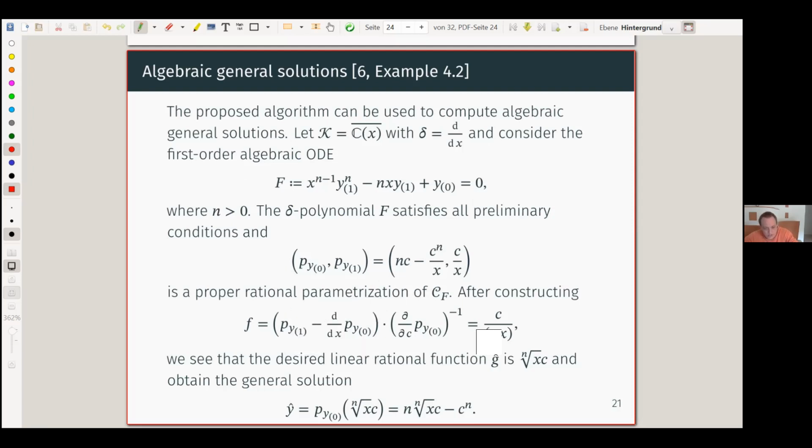Then we construct this quantity F and check if it is linear or a Riccati equation in, with respect to C, and this is the case, then we might try to find this linear rational function G hat. And this is just given here by this very easy polynomial. And we plug this into our parameterization, and we take the first component of this, and this will actually give me a general solution of the original AODE.